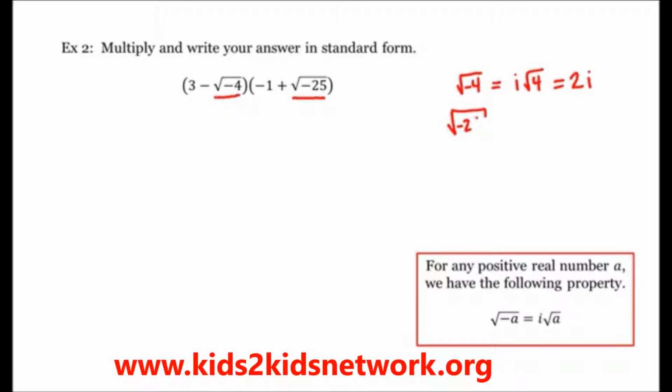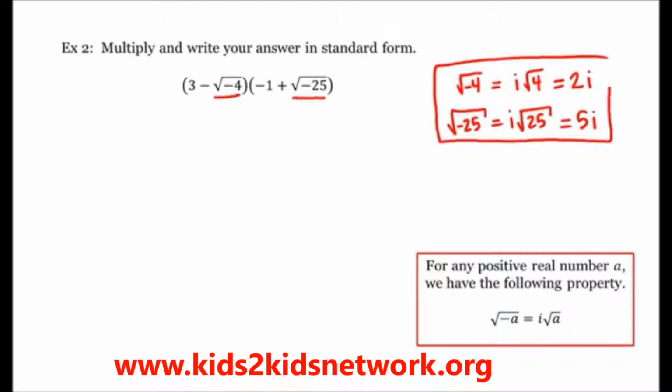And what about the square root of negative 25? This is equal to i times the square root of 25, or 5i. And putting these into here gives us that this is equal to 3 minus 2i times negative 1 plus 5i.